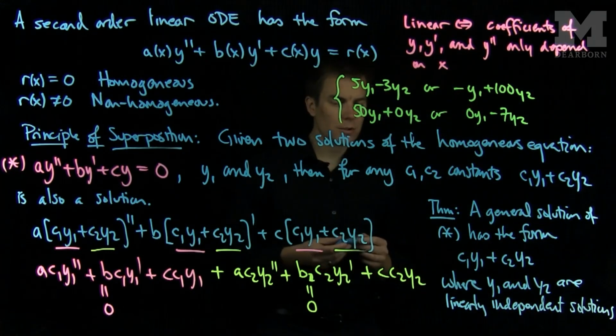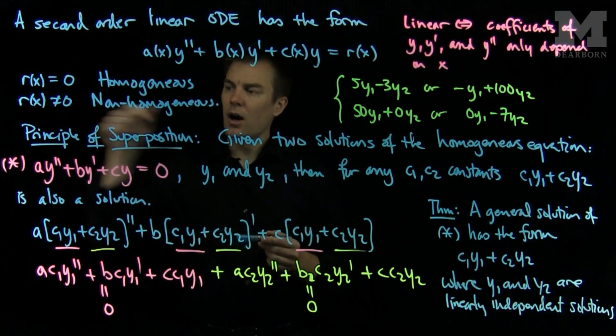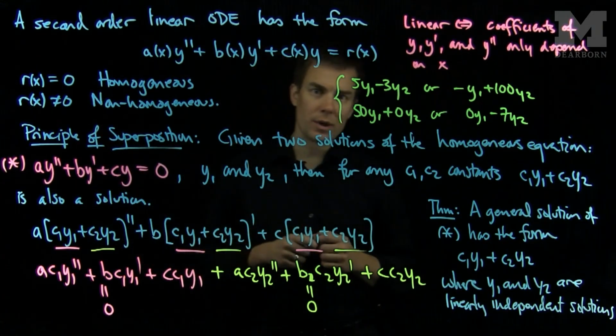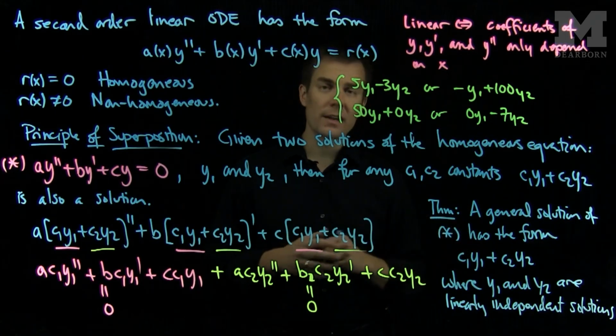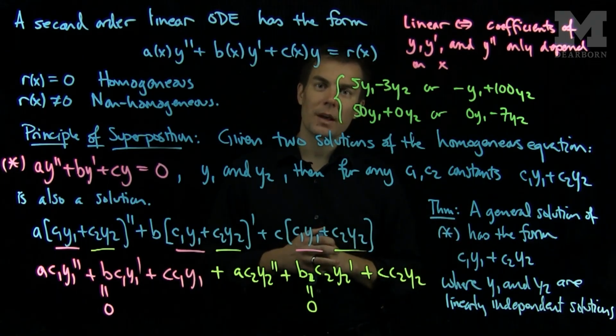So once you find two linearly independent solutions of a homogeneous second-order ODE, the general solution is formed by taking a linear combination of those two solutions. Thank you very much.